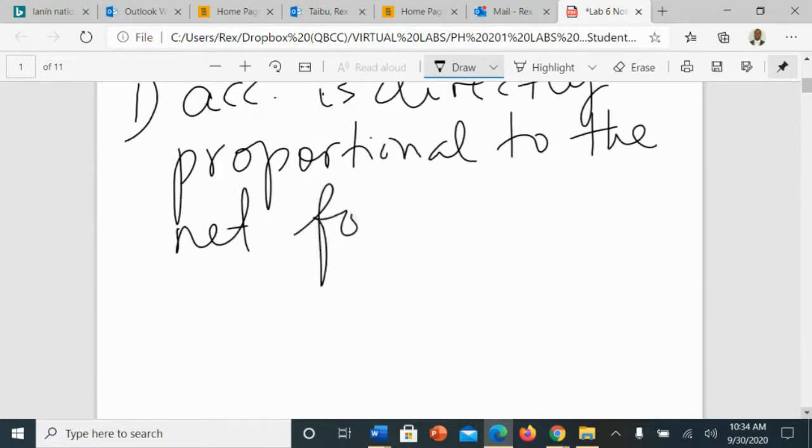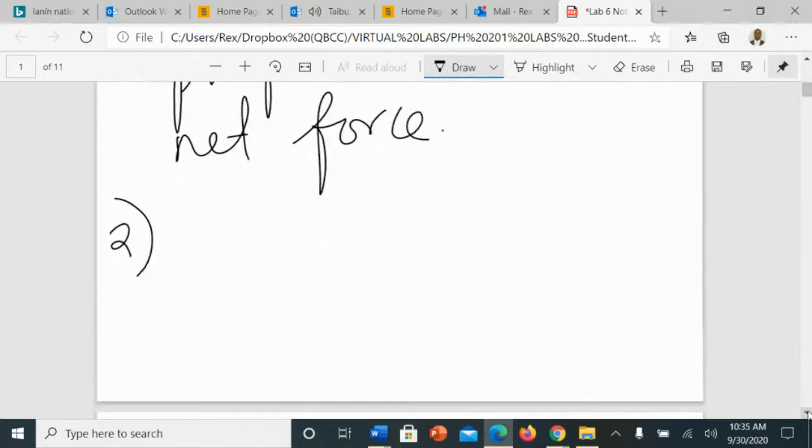And two, acceleration is inversely proportional to the mass.